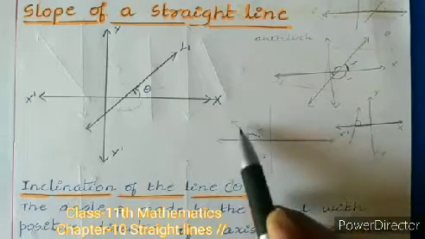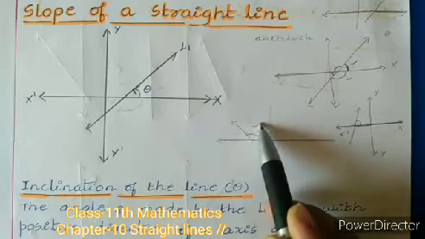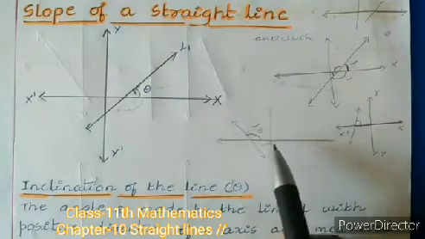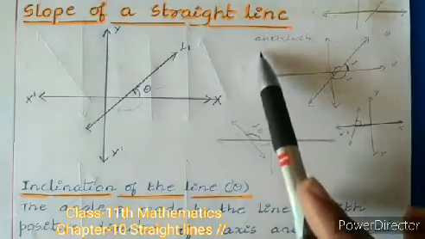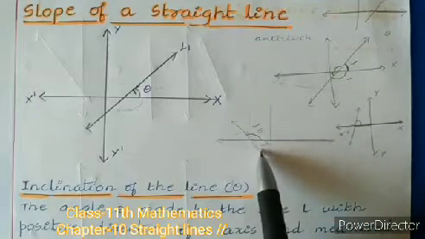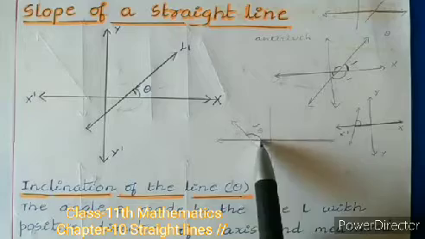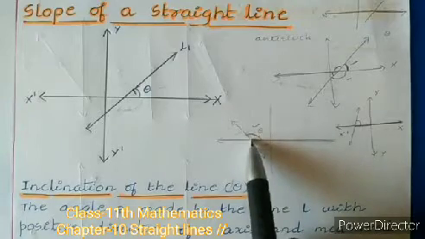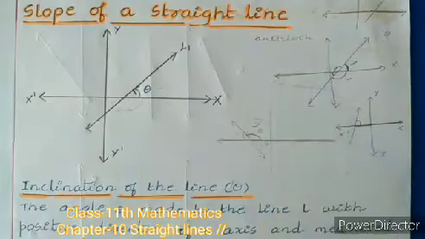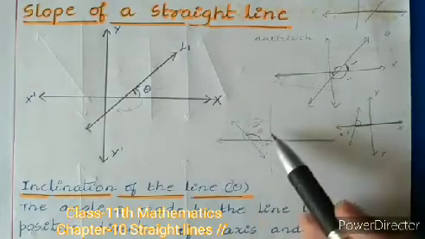With this direction, this line is making 2 angles. One is this one, another one is this one. And in that also, we are interested only in the anti-clockwise direction. This angle is in the clockwise direction and this angle is in the anti-clockwise direction. That means we have to consider this one as the inclination of the line, that is theta.